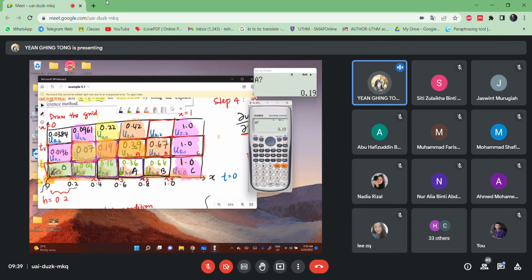A is 0.39, B is 0.67, and then C is 1. So you get 0.6888. Okay, class? So we are done. Finished already. So we found all the values.